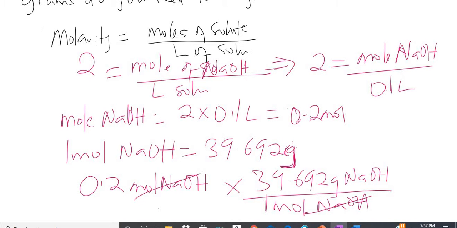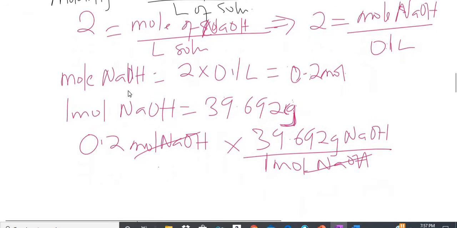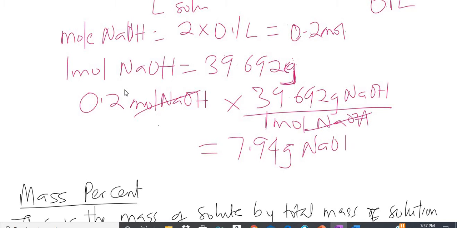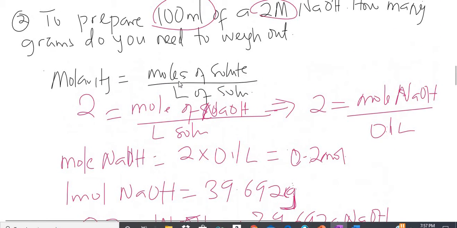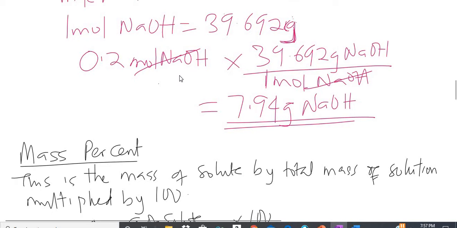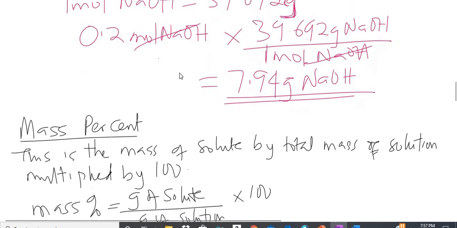If you plug this into our calculator, it's going to give us 7.94 grams of sodium hydroxide. So that is what we need to weigh out, 7.94 grams of sodium hydroxide.